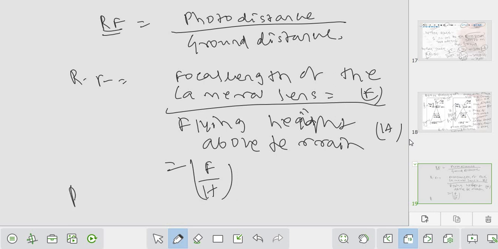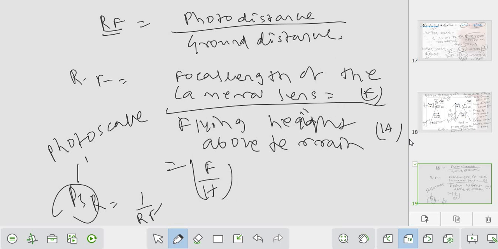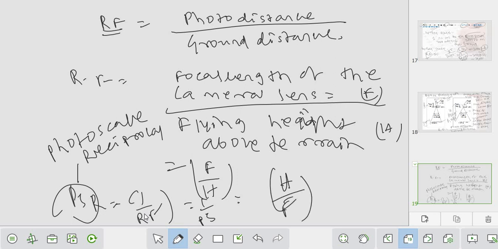Same as अगर PSR एक लिख सकते हो 1 by RF. So PSR is, remember है ना, photo scale reciprocal. एक लिख सकते हो 1 by RF और 1 by photo scale लिख सकते हो 1 by photo scale PS. और इसको क्या लिख सकते हो? h by f है ना. h is the flying height upon the focal length.